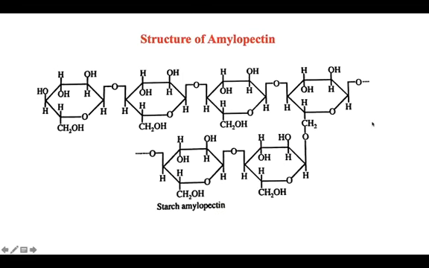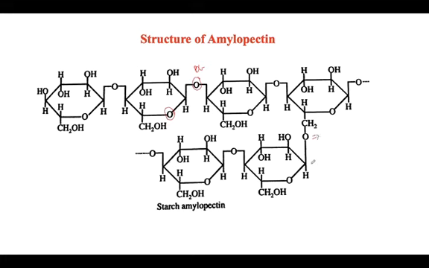Based on this, the structure of amylopectin was given, and it was understood that amylopectin has a branched structure. The main linear chain has 1,4 linkages, and those 1,4 linkages are alpha in nature, and then there is a 1,6 linkage which makes it a branch point.